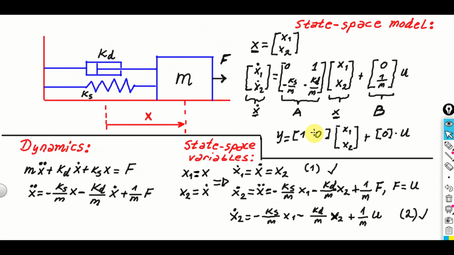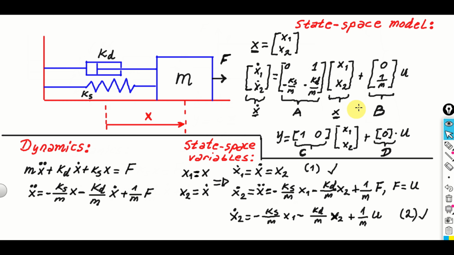This equation tells us that we are actually only measuring x1, and y is the output. That is, y is the measured variable. This row matrix will be called C in our simulations, and this zero matrix will be called D.